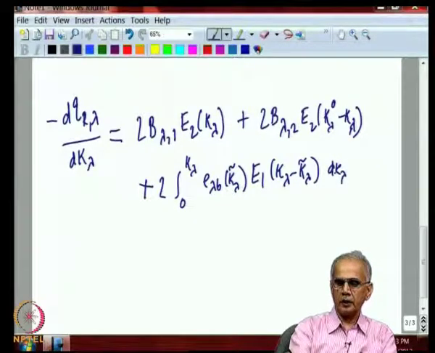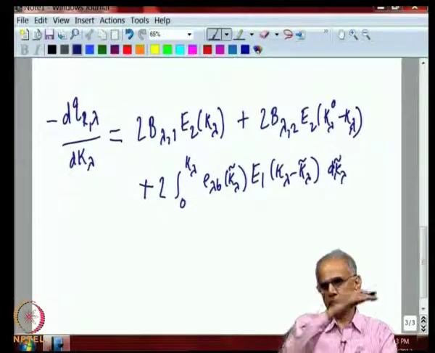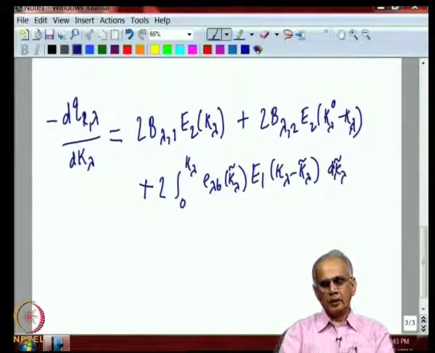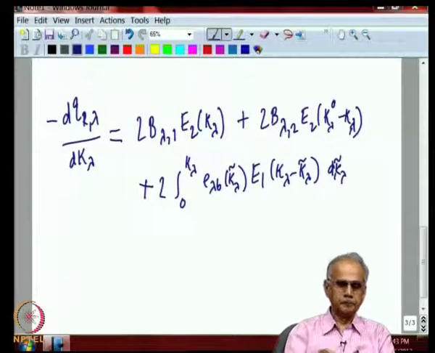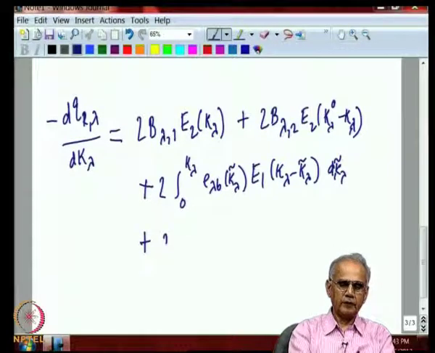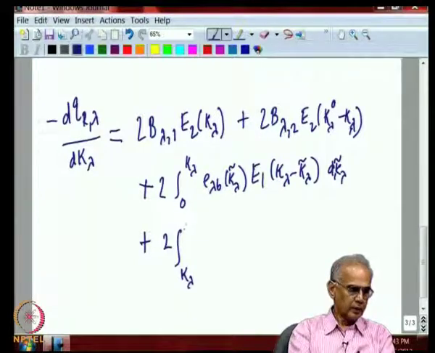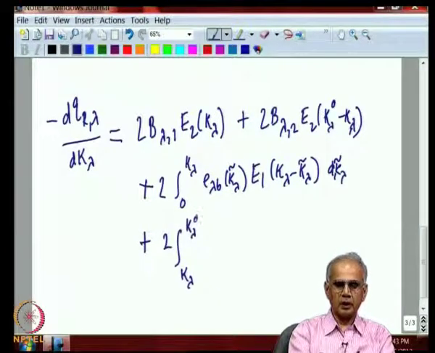So, these are emissions by layers below the level kappa lambda, which are absorbed at that level, and similarly we have terms which represent all the emission by gas elements above this layer radiating downwards and absorbed by the layer.